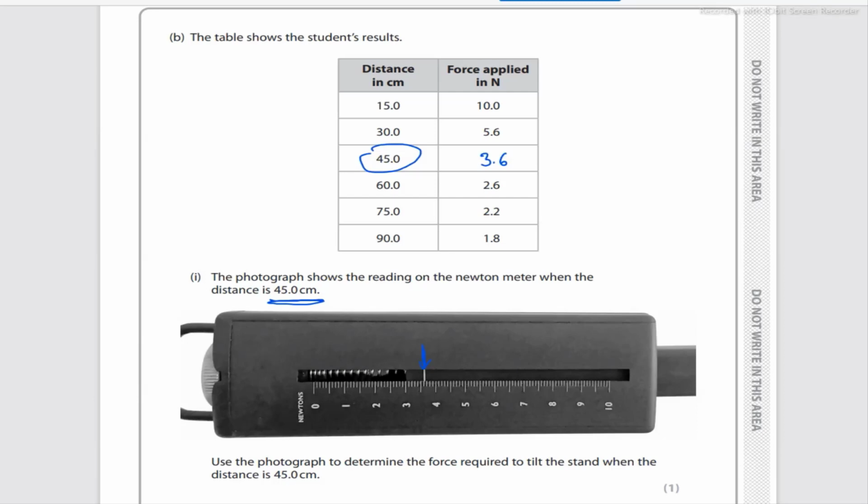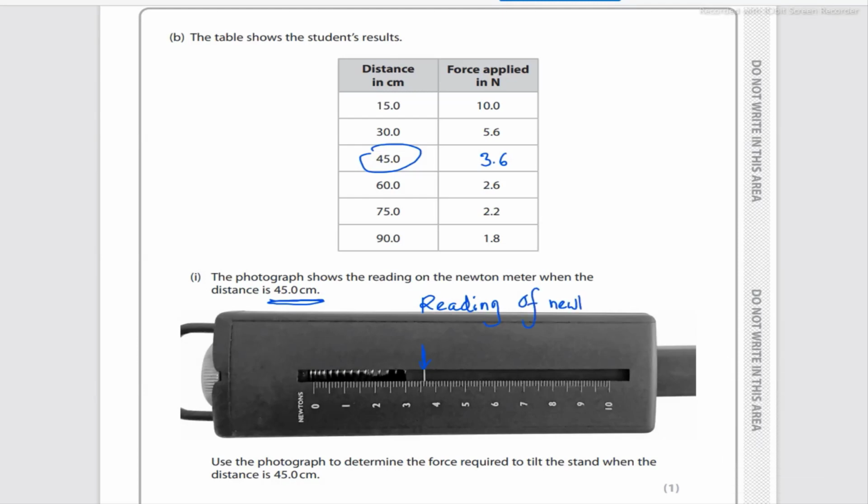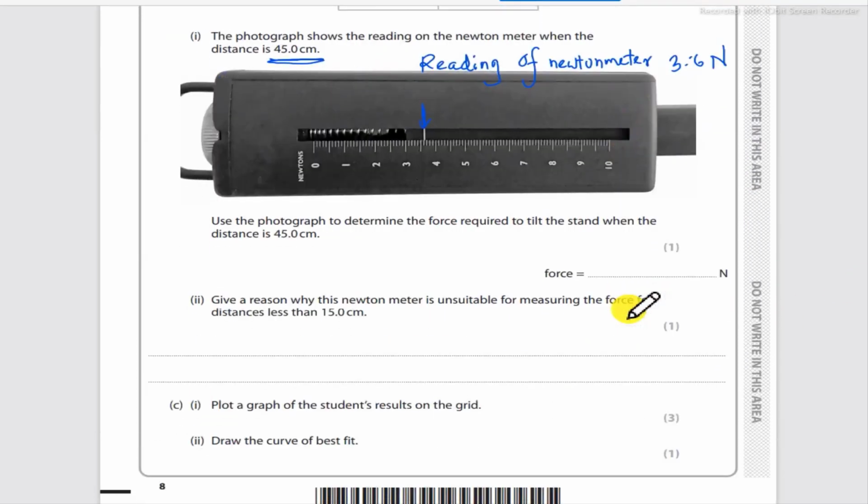This is the Newton meter. The reading of the Newton meter is 3.6 Newton. Use the photograph to determine the force required to tilt the stand when the distance is 45 centimeter. So the answer is 3.6 Newton.